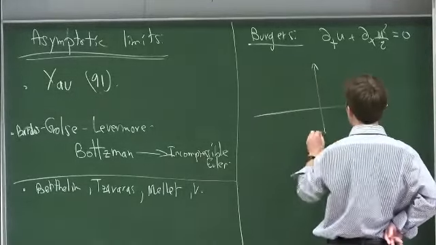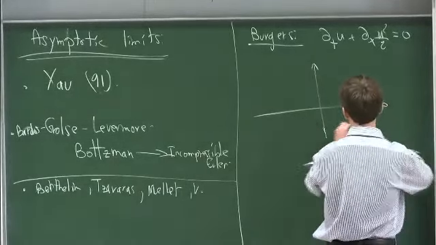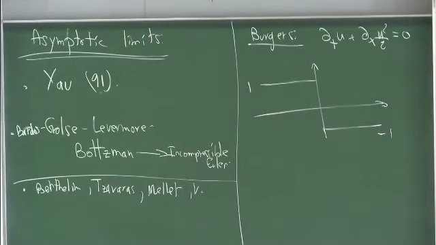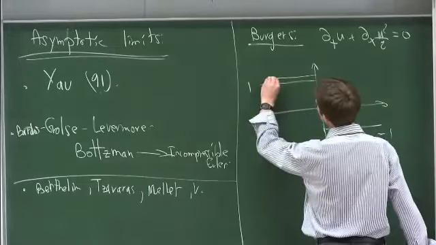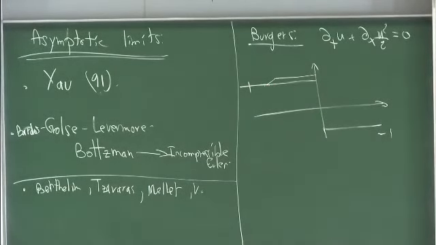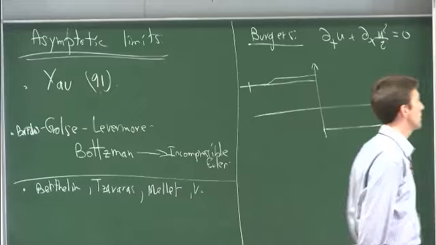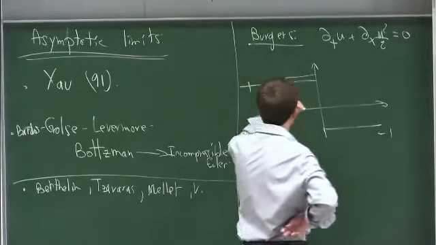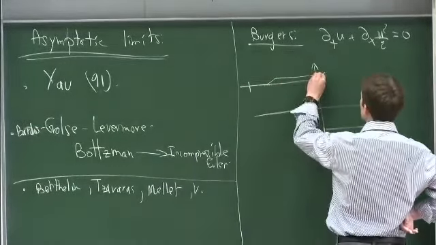This is a good example to understand what goes wrong. So you take 1, minus 1. This is a steady shock for the system. And if you take a perturbation, so this is my V for you. Okay, I want to show that this V actually is not stable like this.